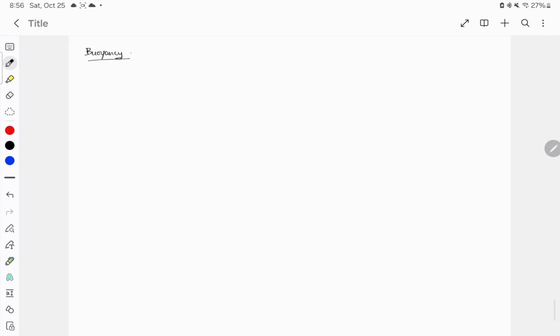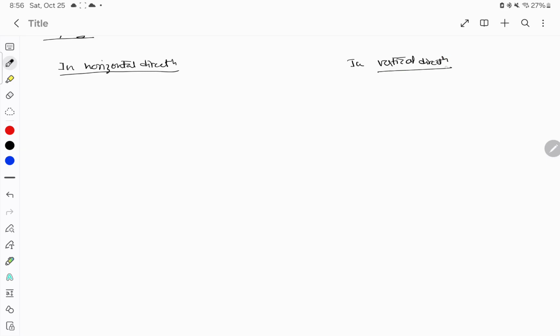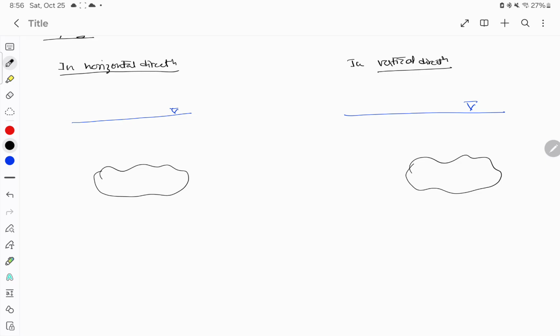So buoyancy. Before going to the definition of buoyancy, we should see something that we already know, in the horizontal direction and in the vertical direction. Suppose we are considering a water surface level, and there is a body inside the water, and we are considering 2 points, in the horizontal direction.